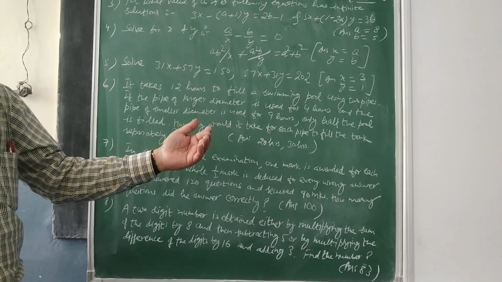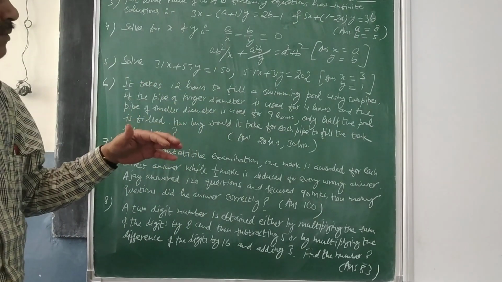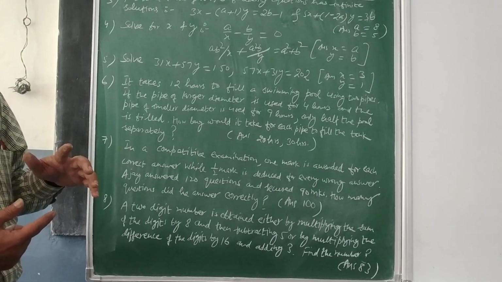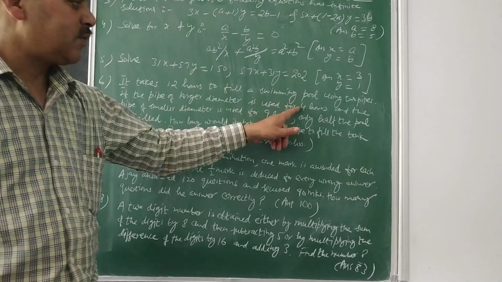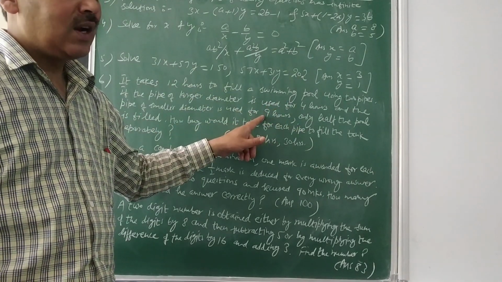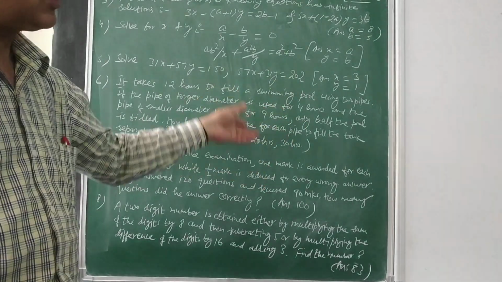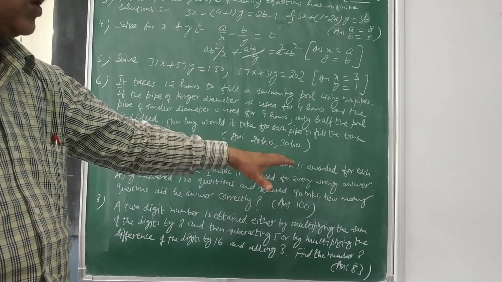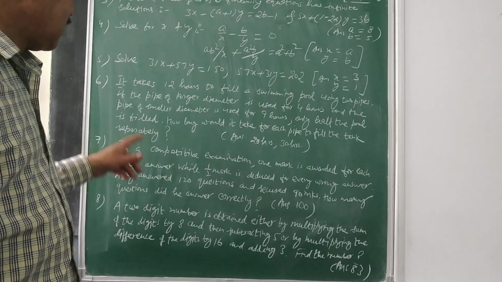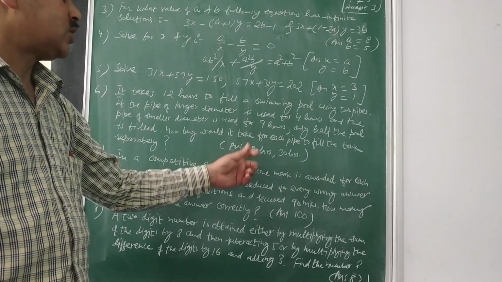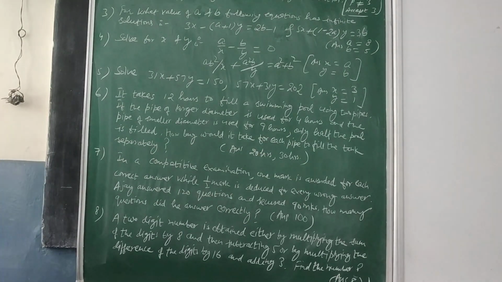Let the time taken by the smaller be x and by the larger be y. So 1 hour's work will be 1 upon x and 1 upon y. For 4 hours it will be 4 upon x and 9 upon y. Only half the tank is filled, so that equals 1 upon 2. Please remember that. Two equations will be there; solve and check the answer. It will be 20 hours and 30 hours.